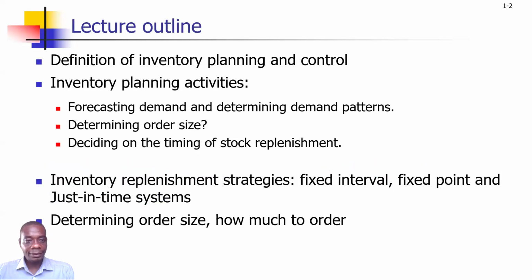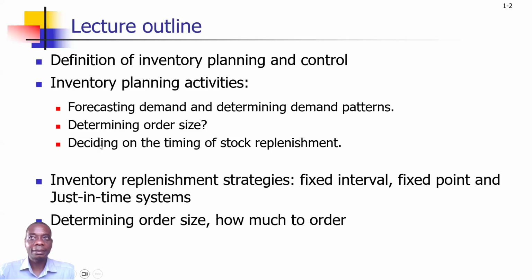So in this lecture, we'll look at four main things: how to understand the concept of inventory planning and control, the inventory planning activities, how to forecast demand and determine the order size, how much or how many are we buying, and deciding about buying or selling in our shop.